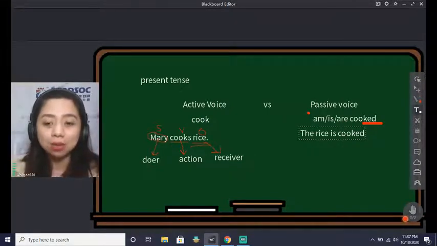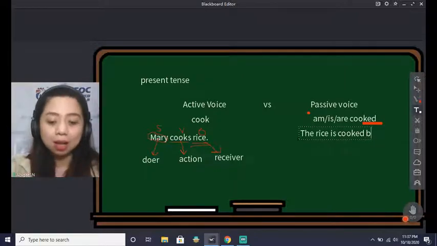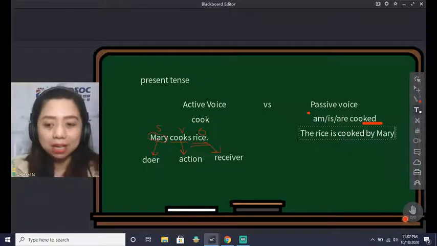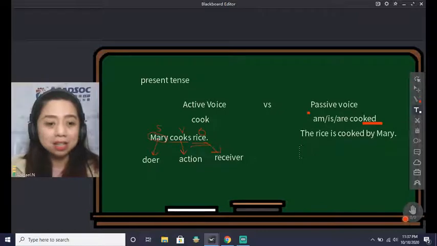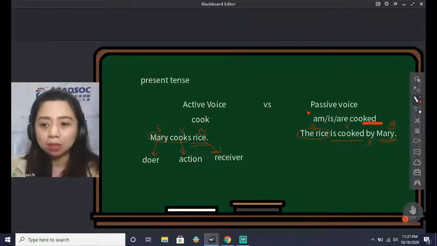Okay, so you know that the rice is cooked by Mary. So yeah, this is the passive voice. So the rice is your subject, is cooked, that's your action, and this is your preposition by, and then Mary is your object.